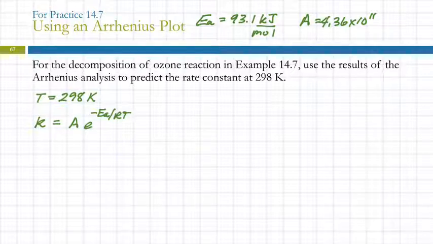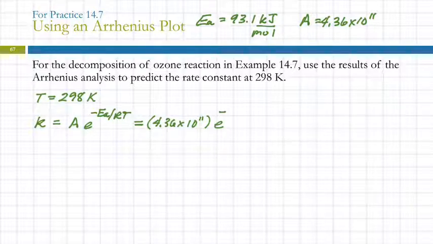What we're going to do is plug in the activation energy, the temperature, and the frequency factor and find out what k is. So this is going to equal the frequency factor, 4.36 times 10 to the 11th, times e raised to the power of negative EA.